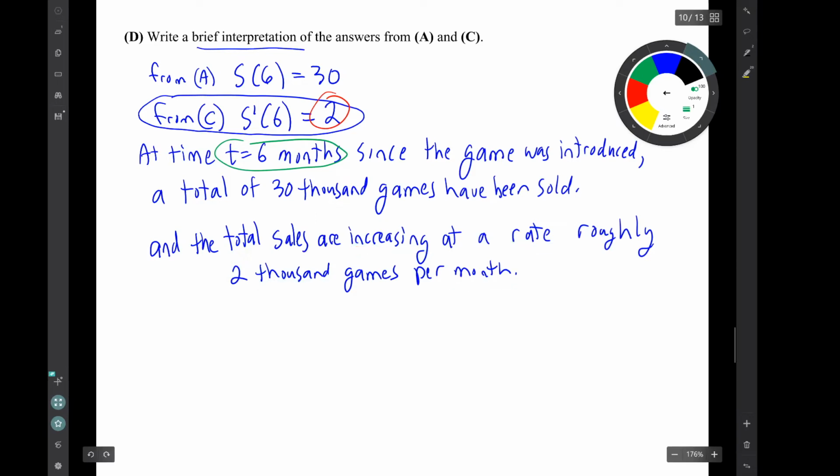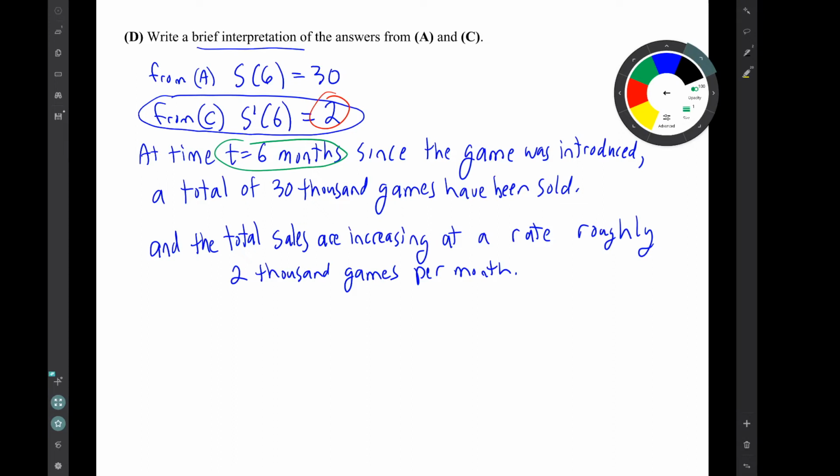Now I said that's one interpretation. What would be a different way of saying this? Well, what does it mean to say that total sales are increasing at a rate of roughly 2,000 games per month? Well, total sales is how many games you've sold up to that time. So if that total number of games is increasing, that can only happen by selling games.